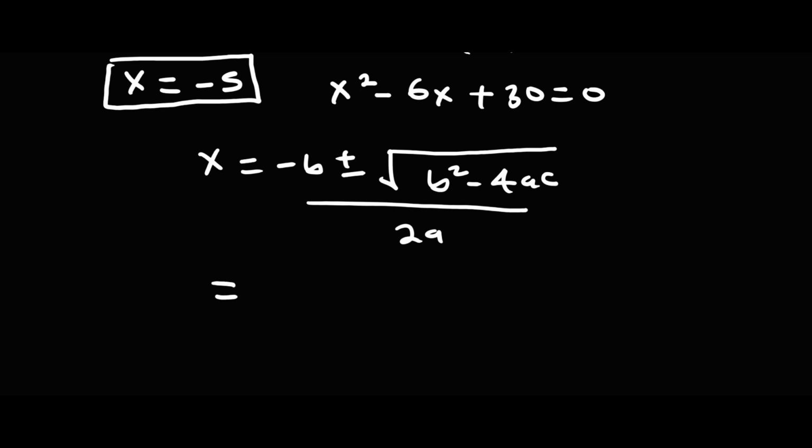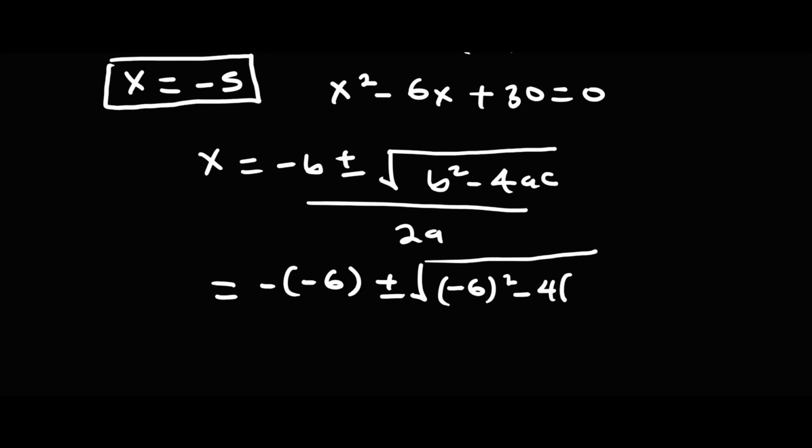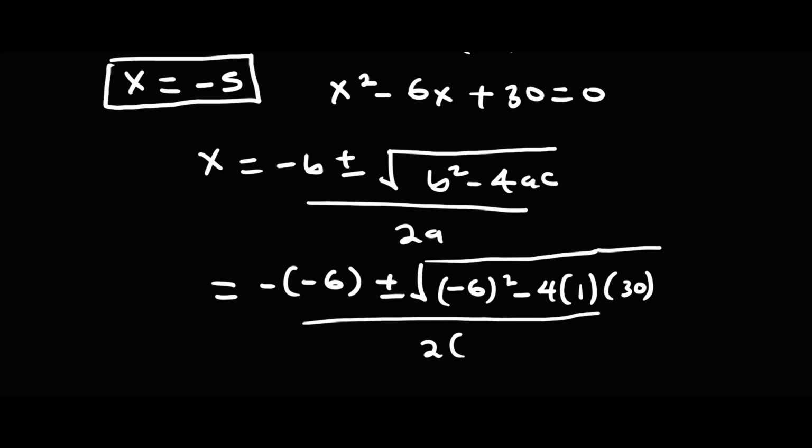So we have minus b, that would be minus into minus 6 plus or minus, then under the root you have b squared, that is minus 6 squared minus 4 into a, and a is 1, into c, and c is 30, and that is over 2 into 1.